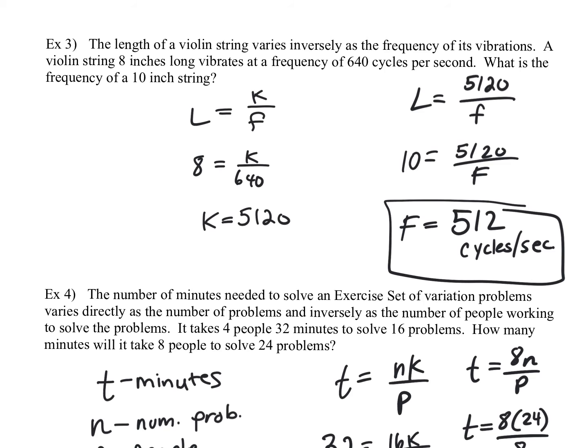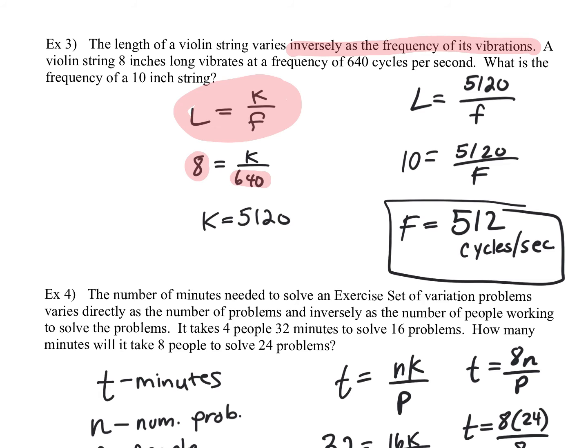All right, let's see how these problems went. So in this problem, they tell us that the length of a violin string varies inversely with the frequency of its vibrations. So with the inverse setup, I must be dividing by k with my second variable. So they tell us that a violin string that's 8 inches long vibrates at a frequency of 640 cycles per second.